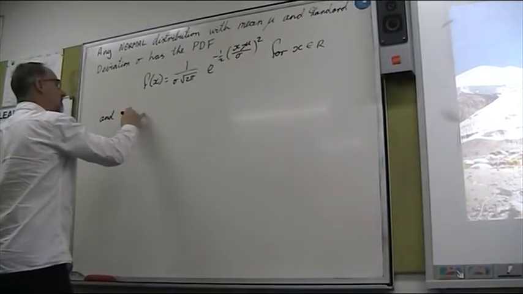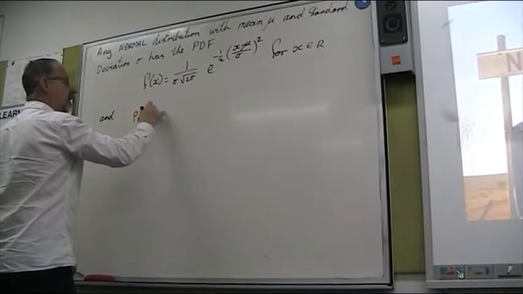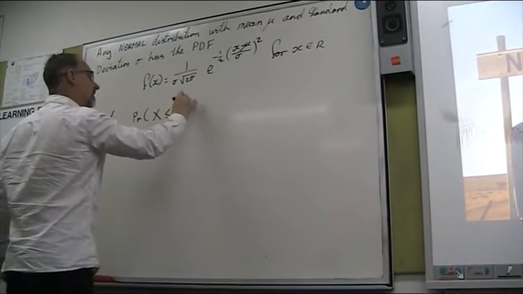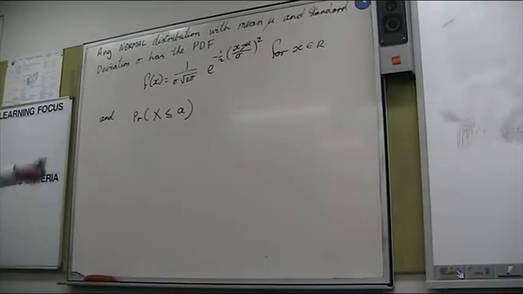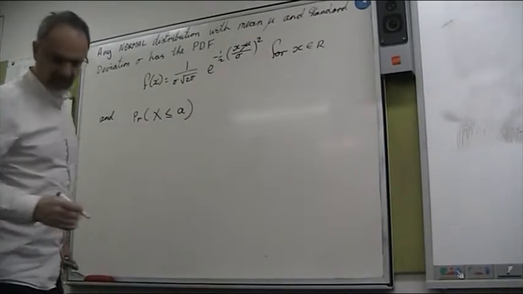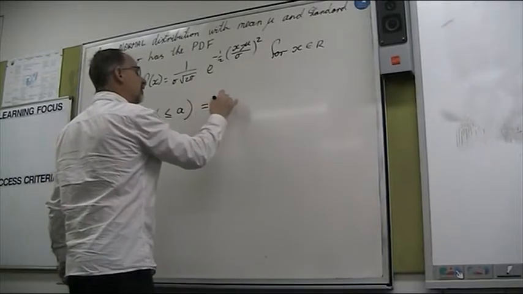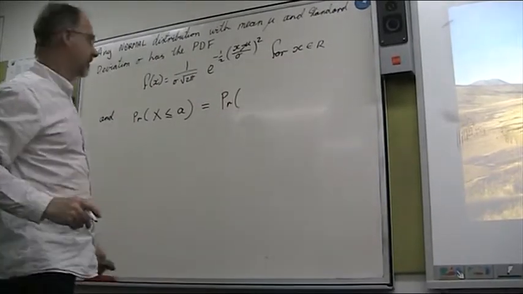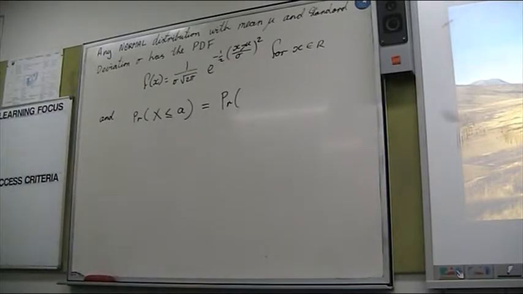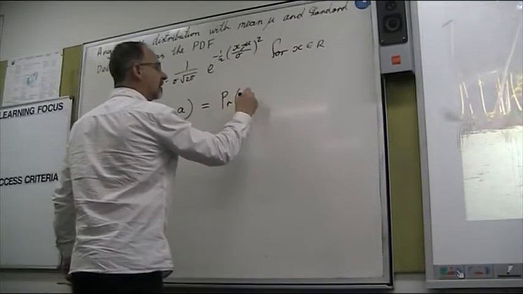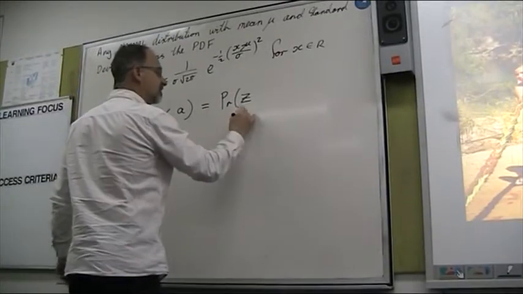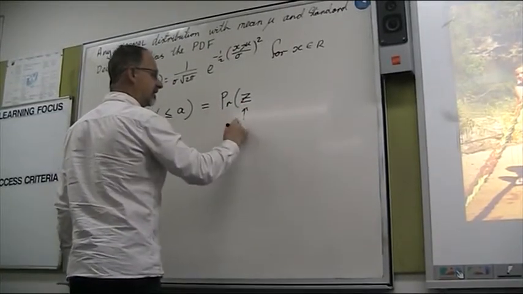That relationship is that the probability of X being less than or equal to some number, the probability of scoring less than or equal to something, has to relate to the probability of something in the standard normal. To denote the standard normal, we use the letter Z. So if ever it says Z anything, Z relates to the standard normal.